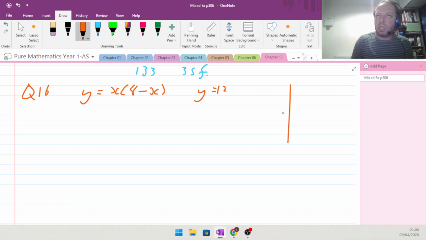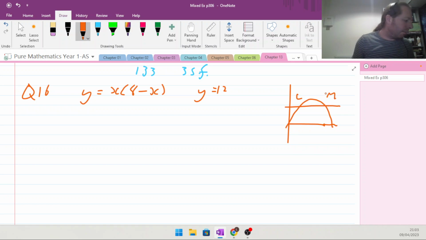They've drawn us a nice little graph that looks something like this. It's got a thing like this and a thing like that, and it says this is L, this is M. They also have this labeled up with a right angle and coloured in.